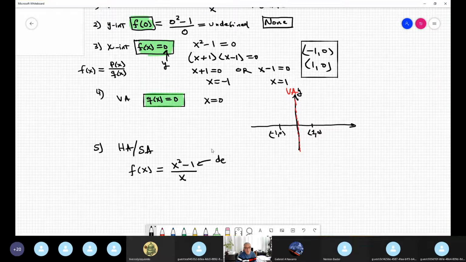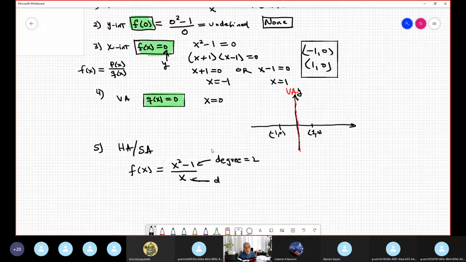The degree of the numerator is 2, the degree of the denominator is 1. And you need to know by memory, when the degree of the numerator is greater than the denominator by exactly 1, like 1 and 2 or 2 and 3, we have a slant asymptote, and we have no horizontal asymptote.